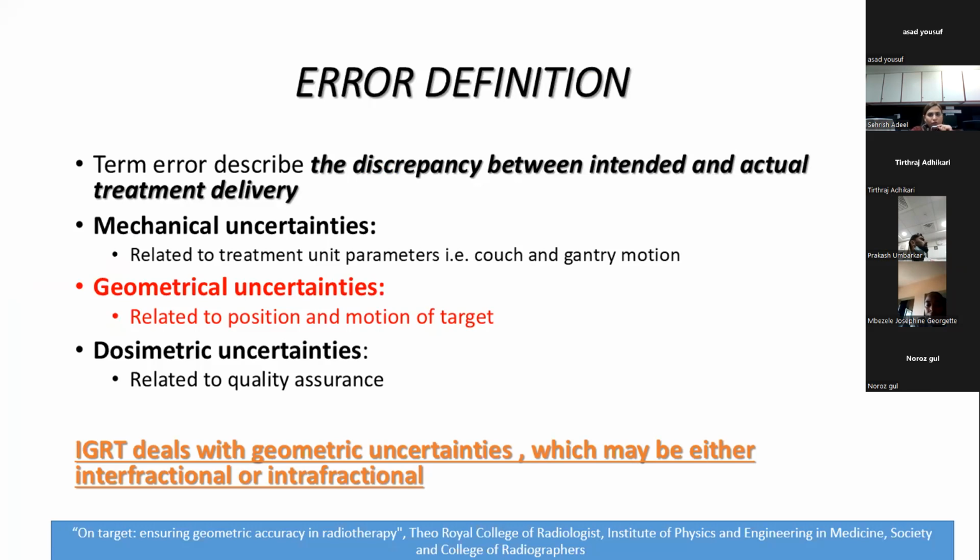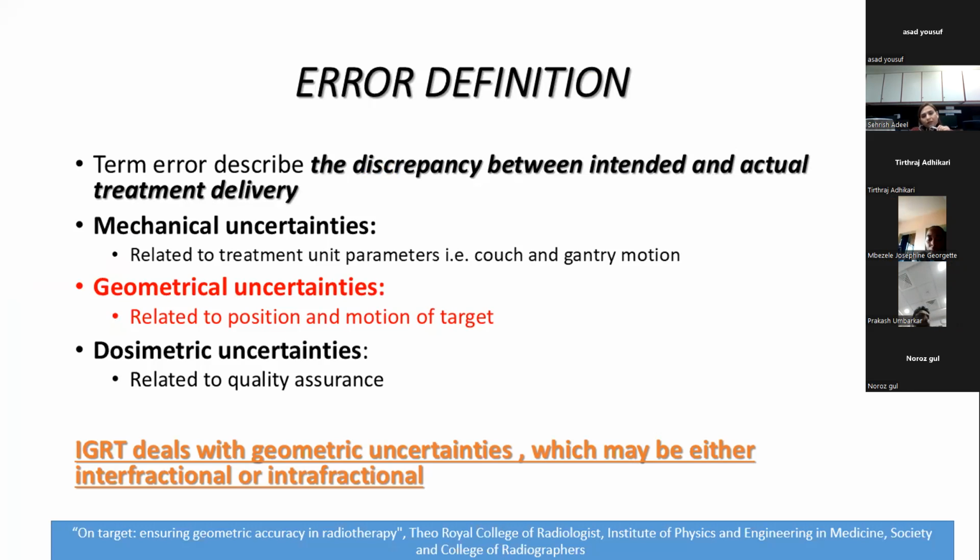The definition of error is the discrepancy between the intended act and the actual treatment delivery. And what sort of errors come in the treatment delivery? They can be mechanical uncertainties, geometrical uncertainties, or dosimetric uncertainties.